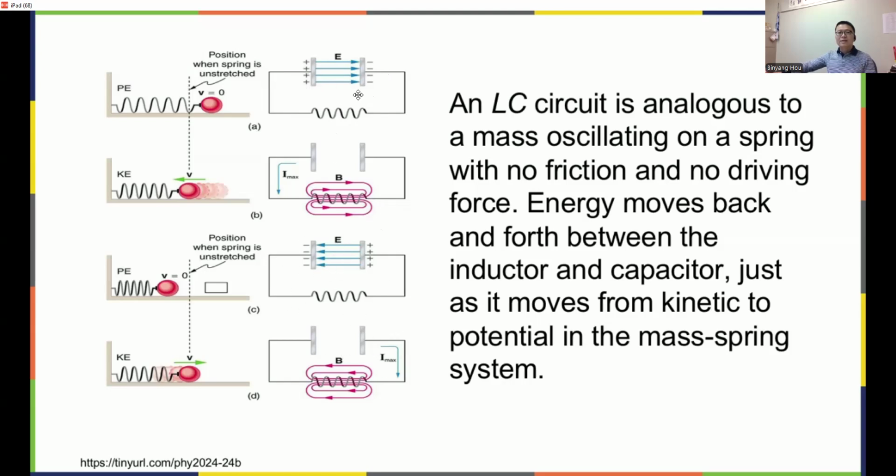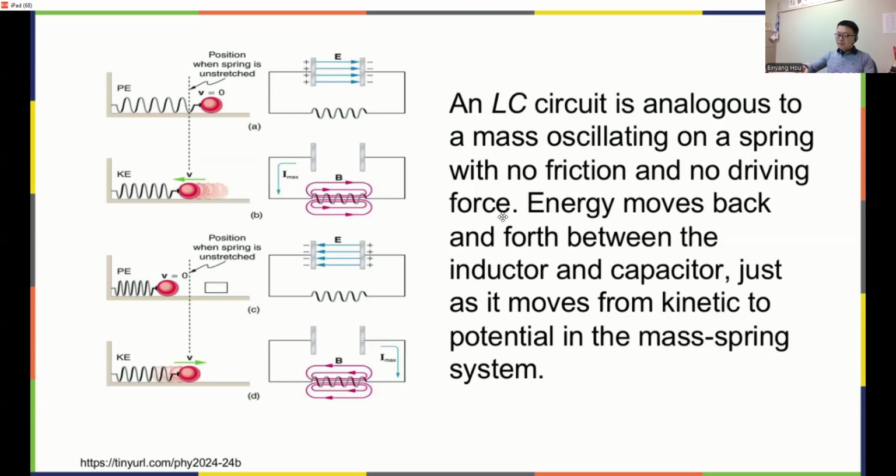That will be just oscillating of energy, converting energy from electric field to magnetic field. This is similar to a mass attached to a spring, where kinetic energy is converted to potential energy and back to kinetic energy, back and forth. So it's a kind of oscillation that way.